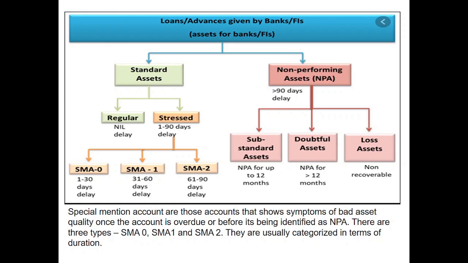This is a new term: we are going to classify the stressed asset into three categories. This is called the special mention account. SMA stands for special mention account. So we have SMA 0, SMA 1 and SMA 2. SMA 0 means default is there, but it is less than 30 days. SMA 1 means the default period in an installment is between 31 to 60 days, and SMA 2 is where the default period is between 61 days to 90 days.